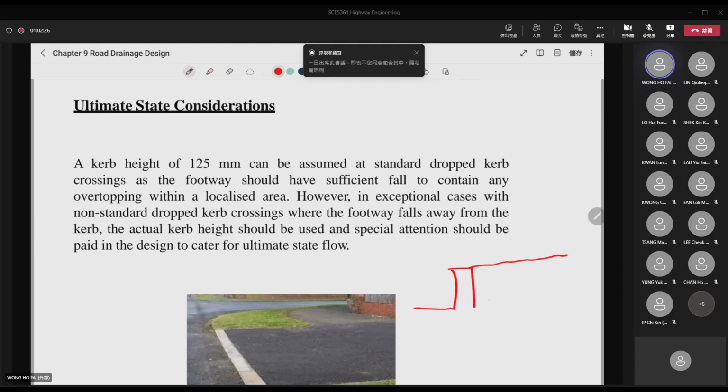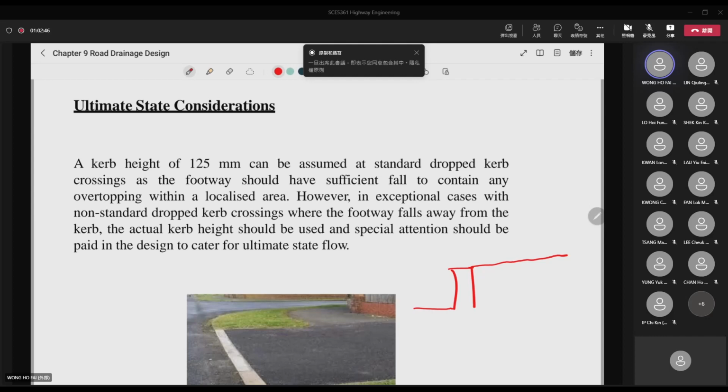So your footway should have some fall in this area. Then this one can also help to prevent the so-called overtopping on the localized area.